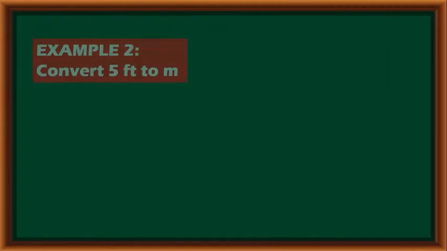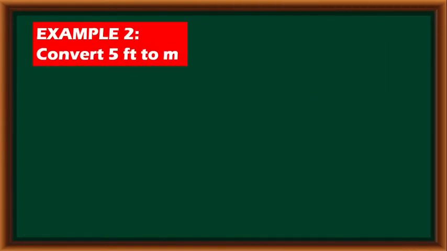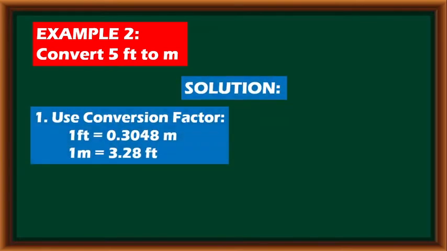Next, example number 2. Convert 5 feet to meter. Feet is an English system and meter is a metric system. Okay, for our solution, dalawa rin yung pwede natin gamitin conversion factor. Kung ano yung mas madali sa inyo, yun yung gagamitin ninyo as long as you will arrive at a correct solution.